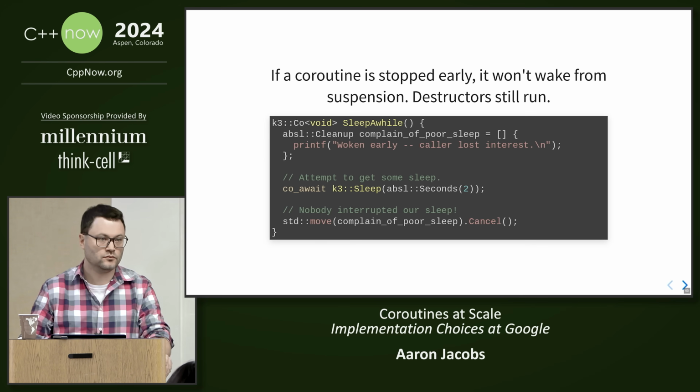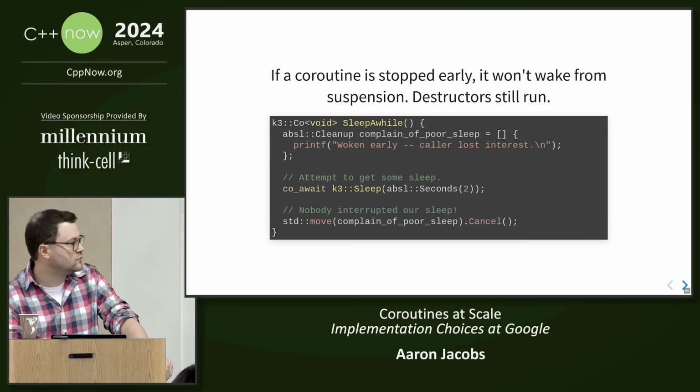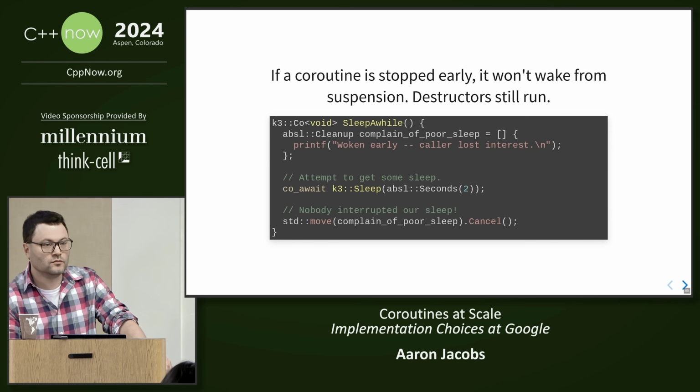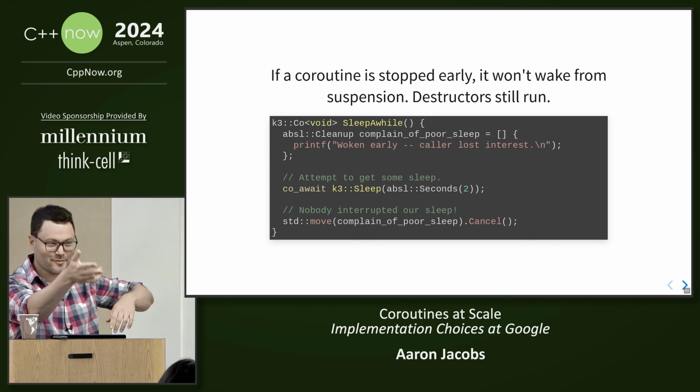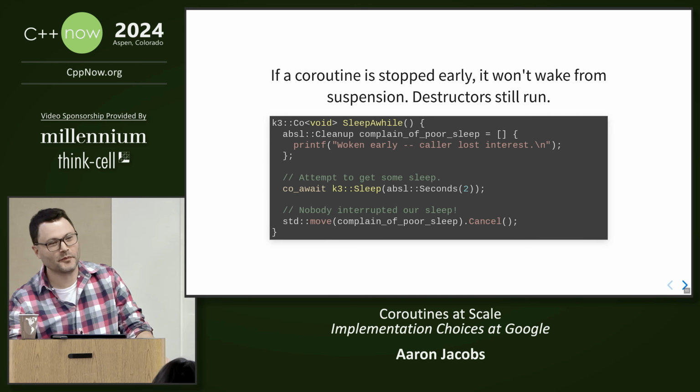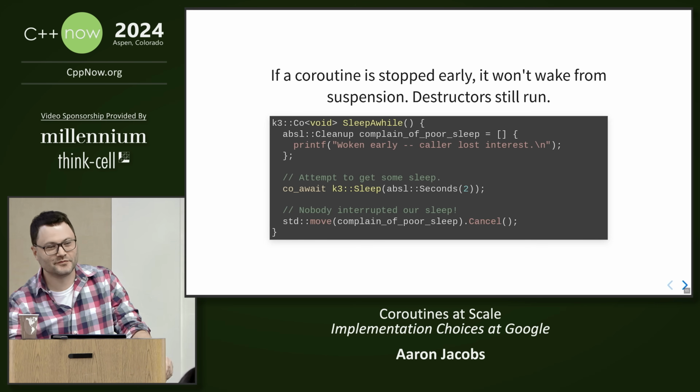And so my comment was, okay, so if your coroutine stops early, you won't wake up from suspend. Great. But the destructor will still run. How? The question was, how do destructors still run? The answer is magic implementation details that I can tell you about later when I remember them, if you want to hear the details. Oh, I mean, when the coroutine frame is destroyed, so do all local variables. Okay.